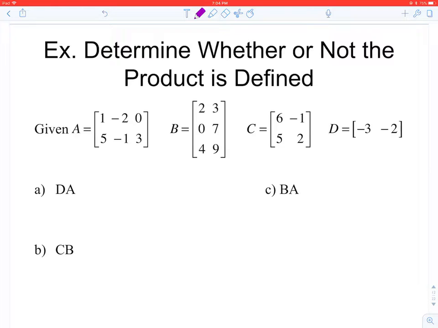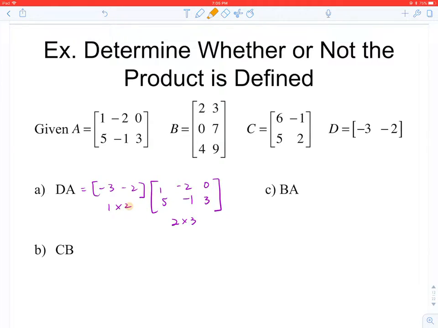So first we're going to look at these 4 different matrices, and we're going to determine whether or not these products exist. So if we were trying to multiply matrix D by matrix A, matrix D is a 1 by 2, and matrix A is a 2 by 3.